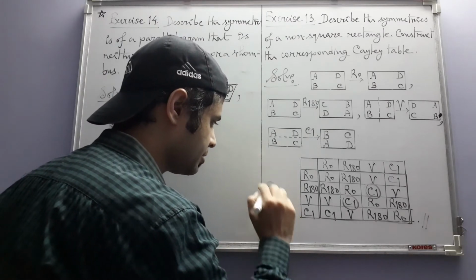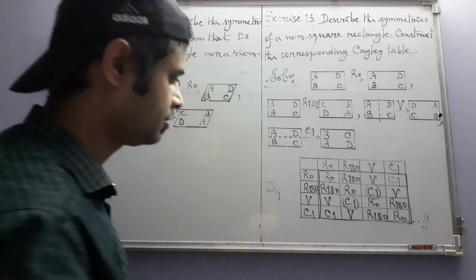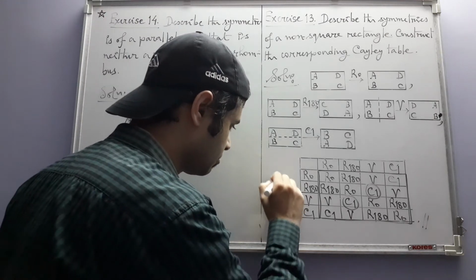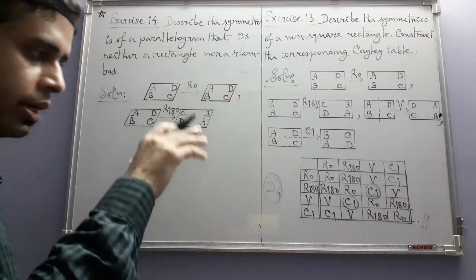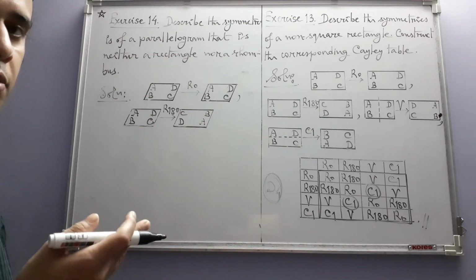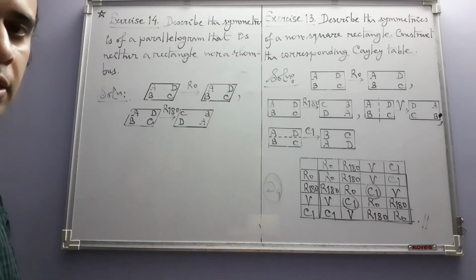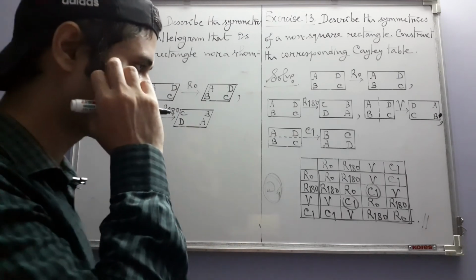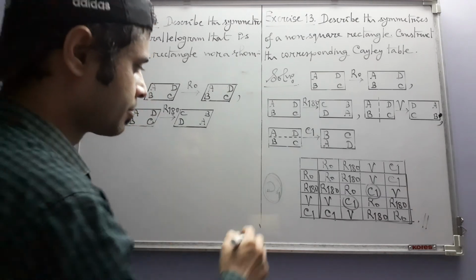How many elements did D4 have? D4 has 8 elements, which is the group of symmetries of a square, which is a figure as symmetrical as you can get, having 4 vertices, and which is a convex polygon like that, 4 vertices and 4 sides.